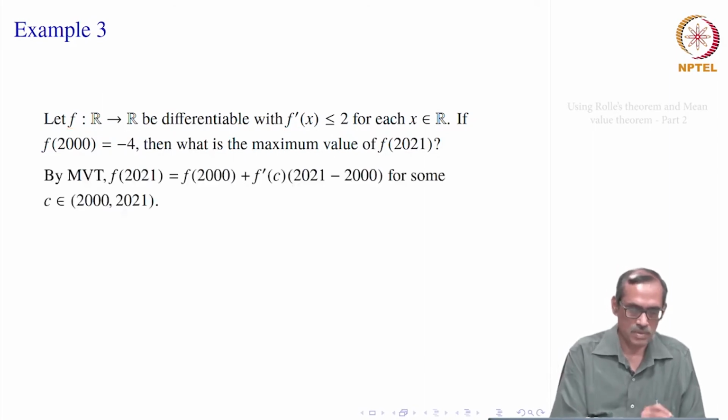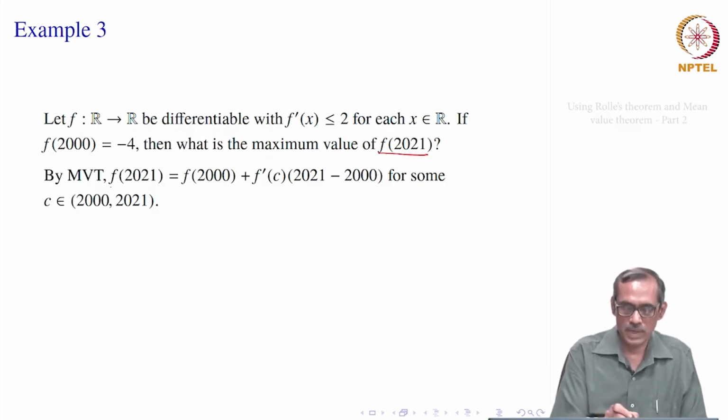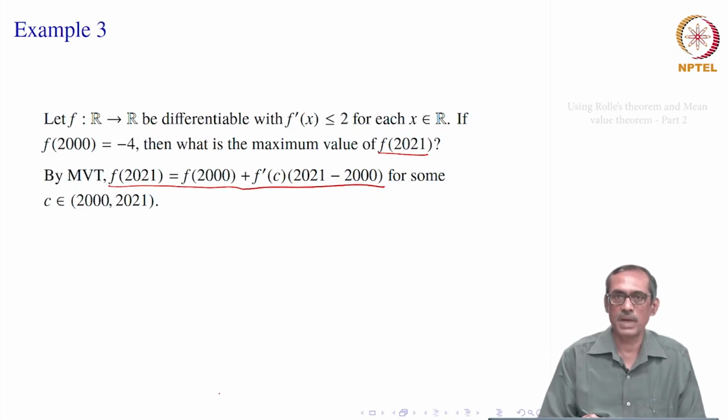Okay. So, how do we proceed? We apply again the mean value theorem, because we want f at 2021. So, f at 2021 is equal to f at 2000 plus 2021 minus 2000 multiplied by f prime evaluated at some point between 2000 and 2021.